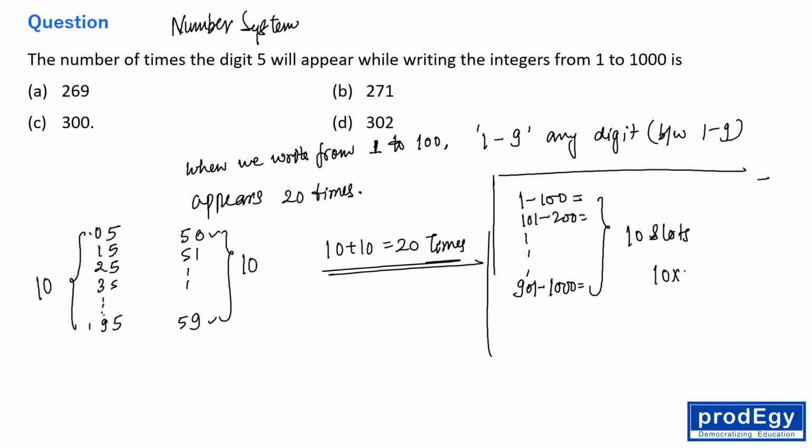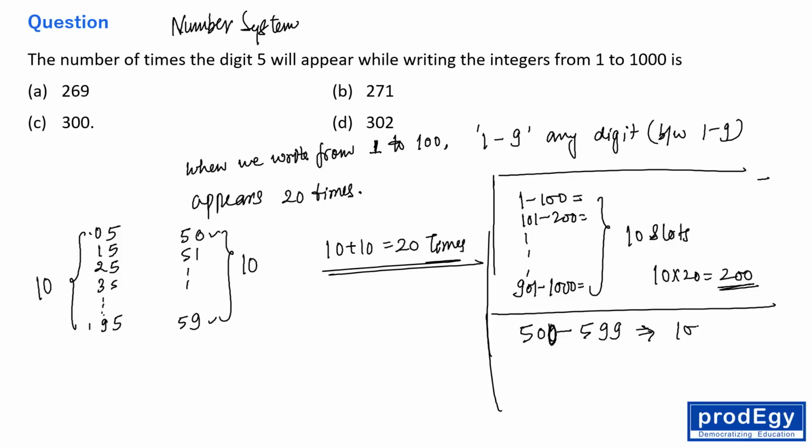So 10 into 20, we have 200. 200 times 5 will be appearing here, and then 500 to 599. I'm sorry, 500 to 599.